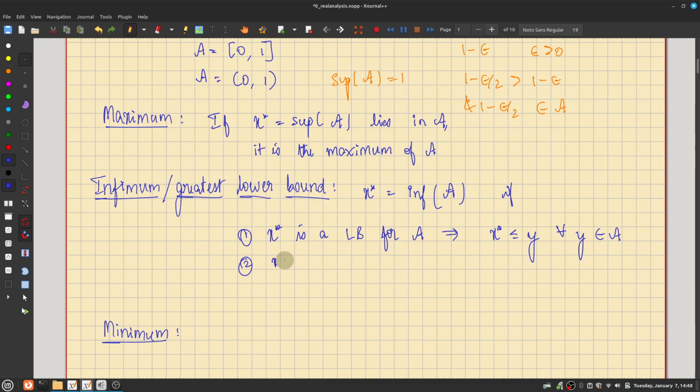So if x is any lower bound for A, then x star is definitely greater than or equal to x.